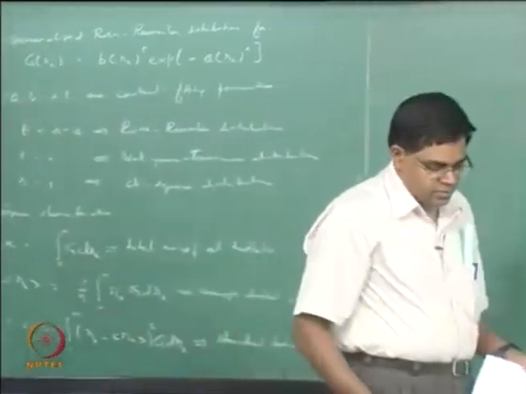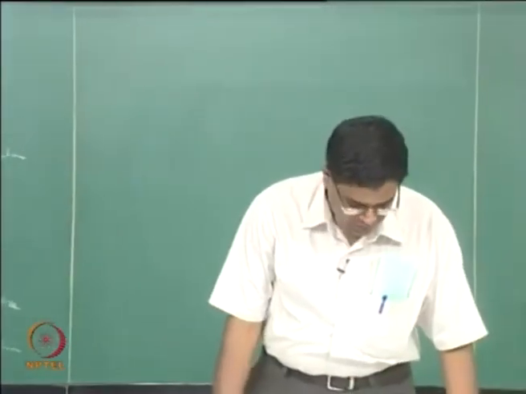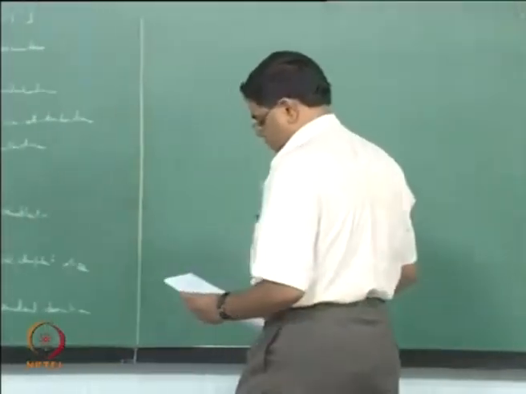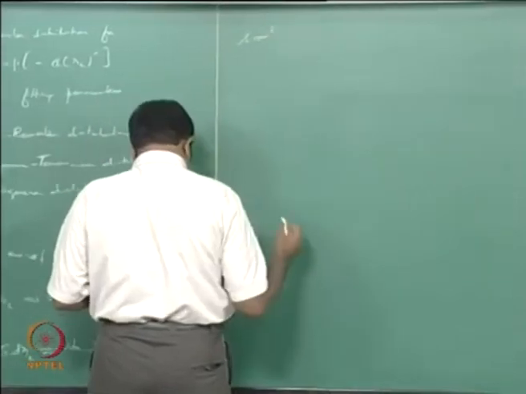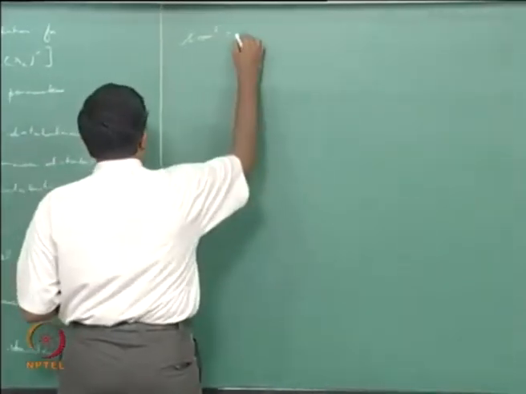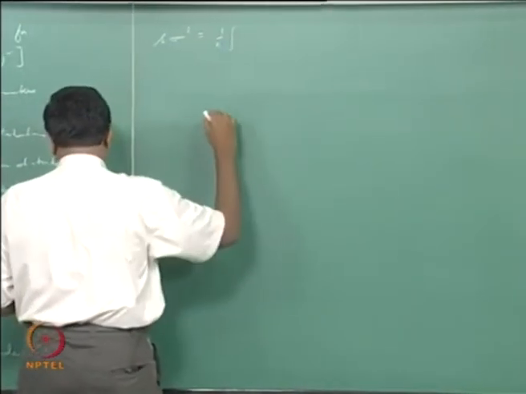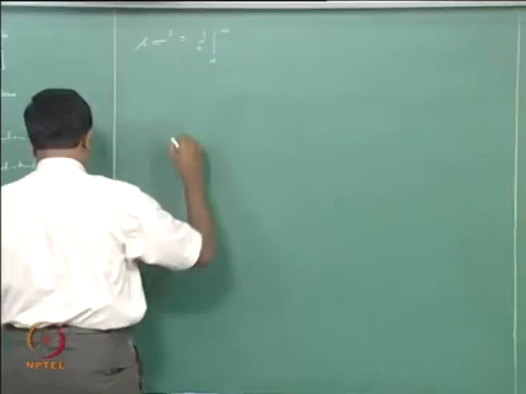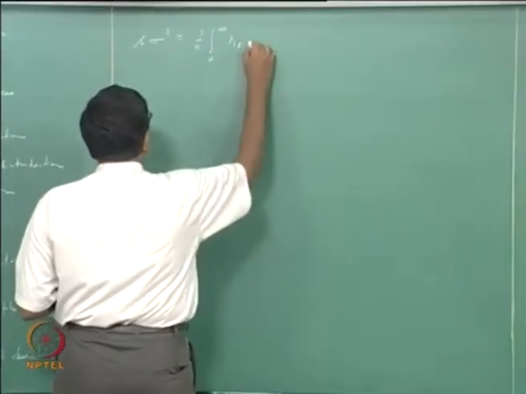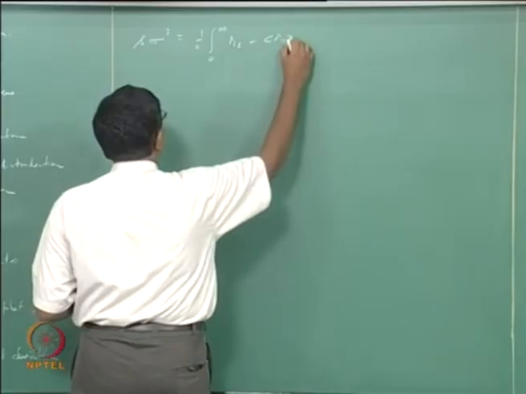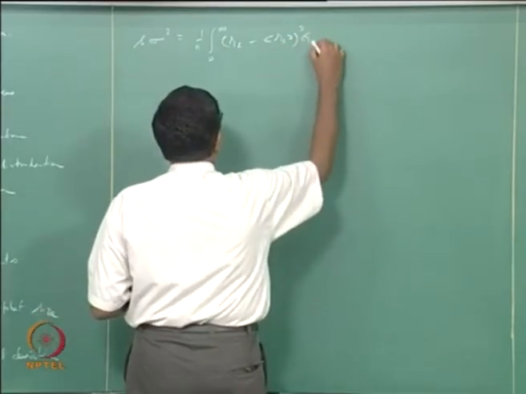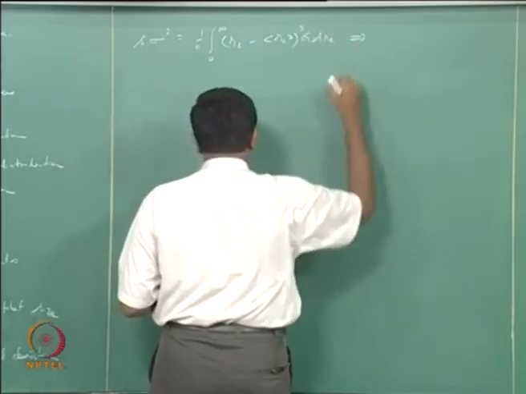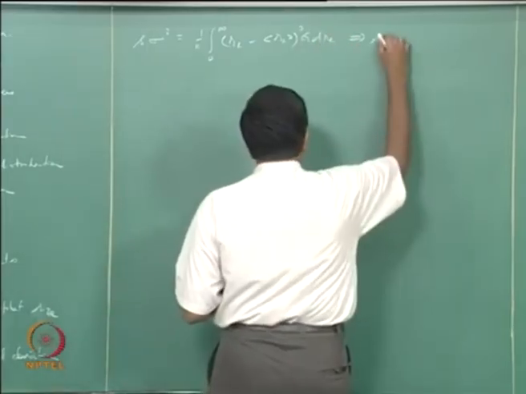And finally you have the skewness, which is S times sigma cubed equal to 1 over N, the integral 0 to infinity of (RL minus mean of RL) whole cubed G dRL, which is the skewness.